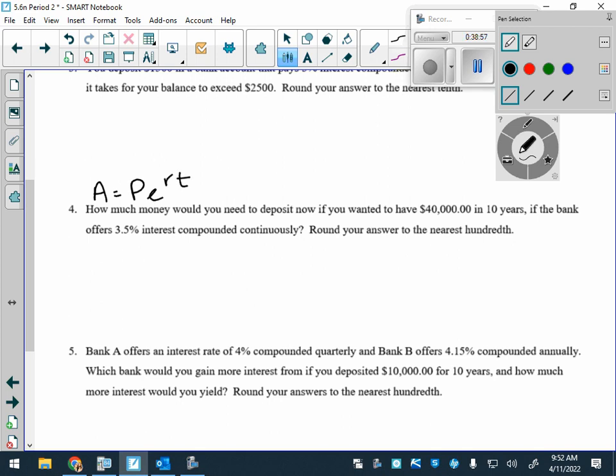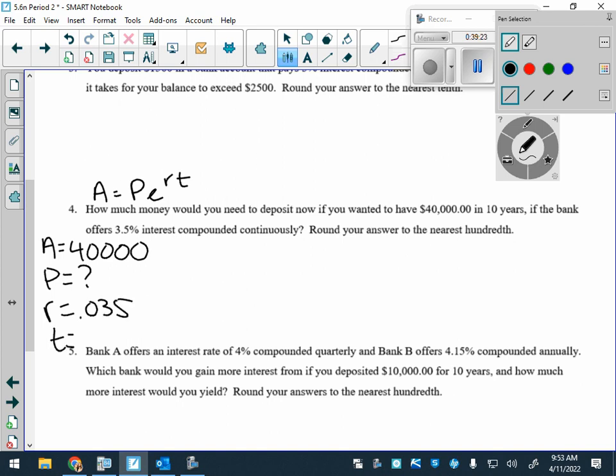What do we need to find? What are we trying to find? Is the initial, which is what letter? P, good. So we know A is 40,000. P, we have no idea yet. The rate as a decimal, 3.5% would be what? 0.035, good.